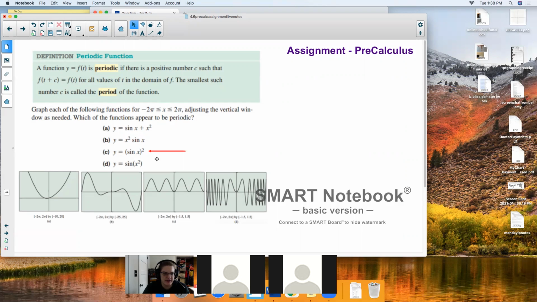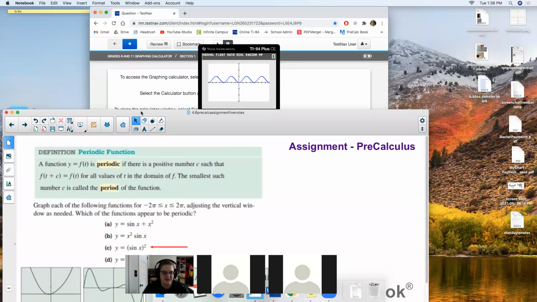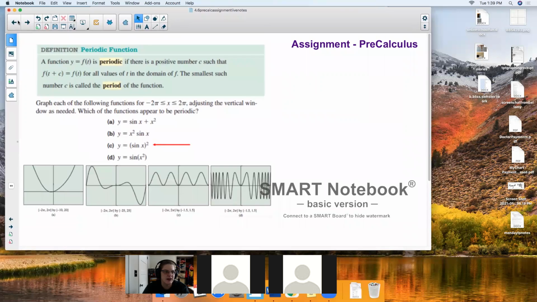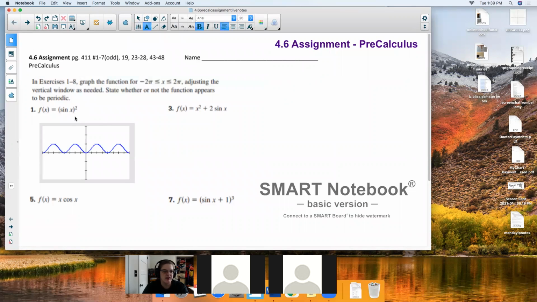So this is not a periodic function, and this is, which is funny because that looks exactly like what we just got, just a little bit wider. So this one we get to type out is periodic, because it's never going to have a different distance between the peaks.